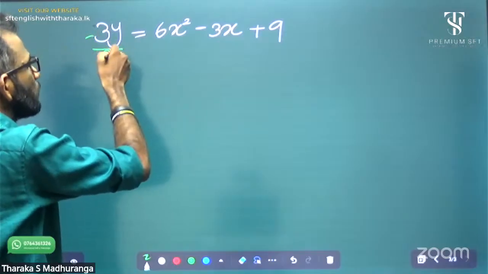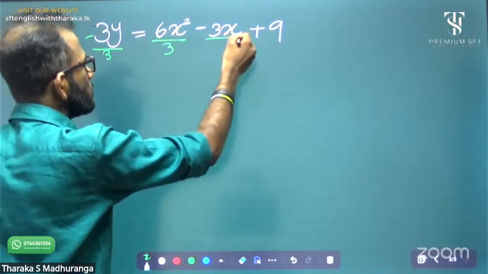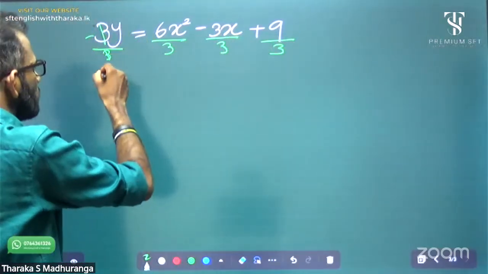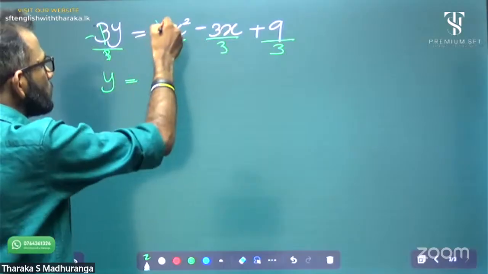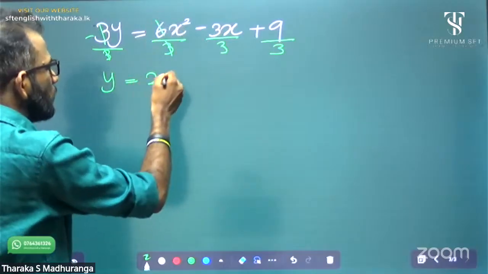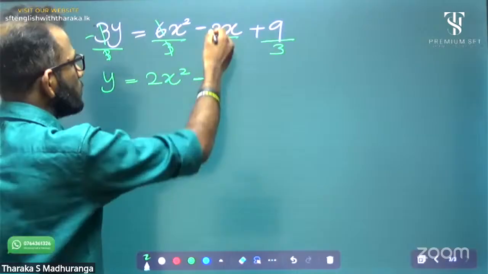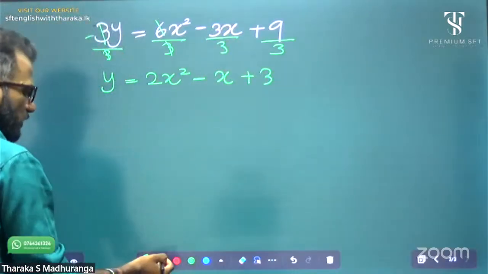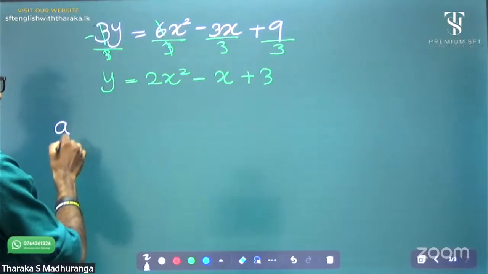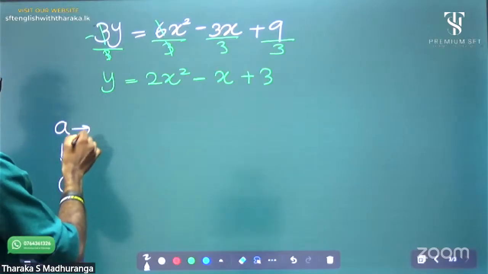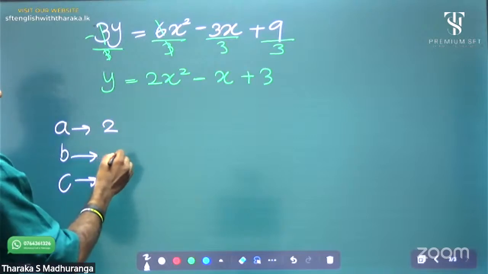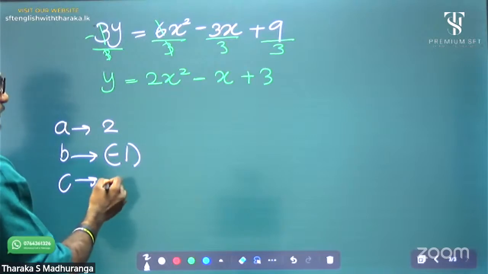You can divide all terms by 3. Now 3 and 3 cancel. Y equal 2x squared minus x plus 3. Now you can get the A, B, C values. A value equal 2, B value equal minus 1, C value equal plus 3.